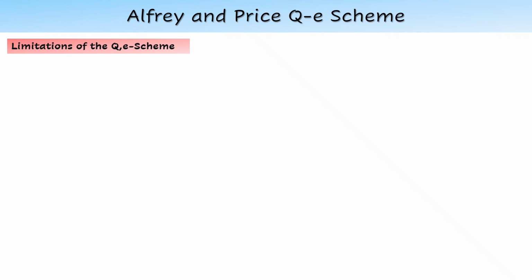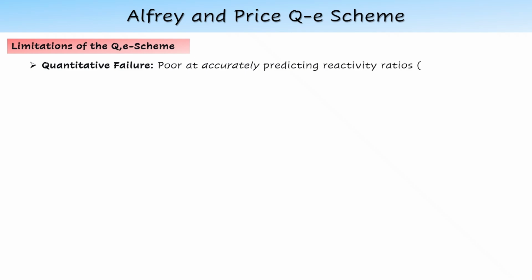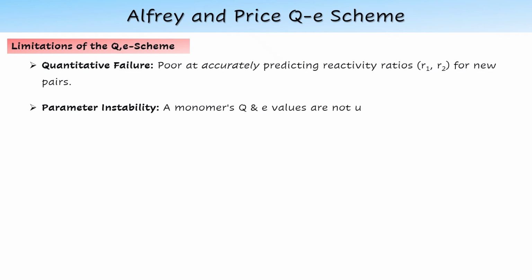So let us talk about limitations of the QE scheme. First, while it's excellent for qualitative trends, the scheme often fails quantitatively. It is not reliable for predicting the exact reactivity ratio of a brand new monomer pair. You would not use it for precise engineering calculations.